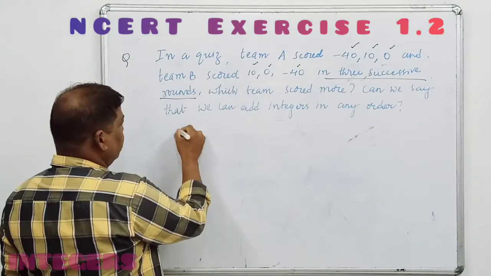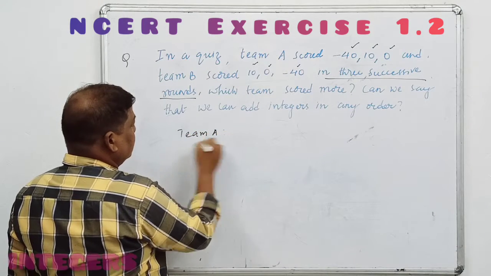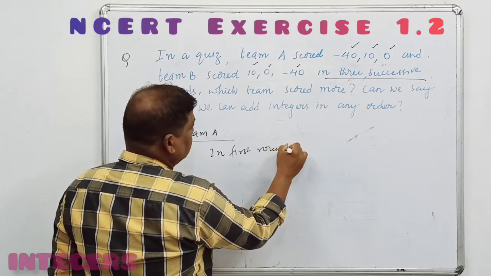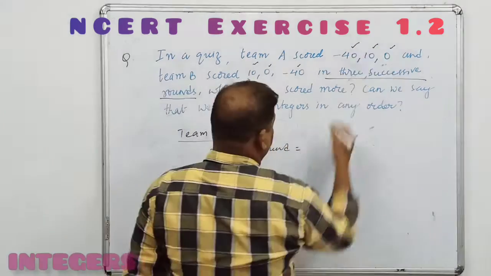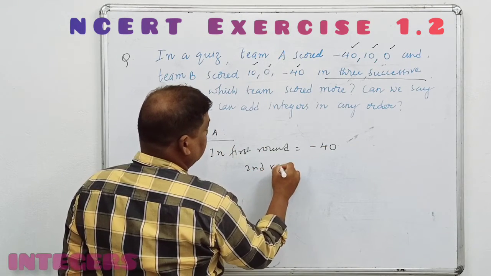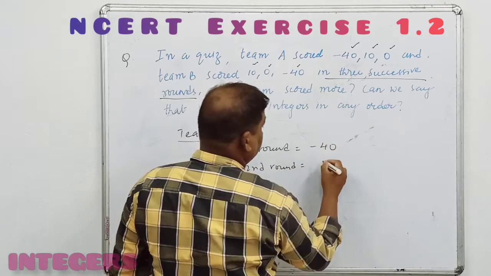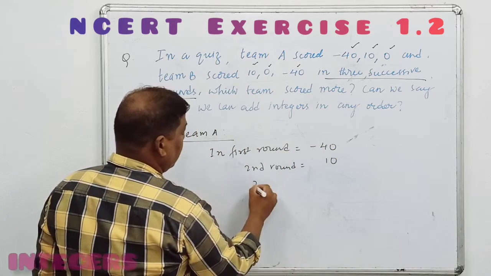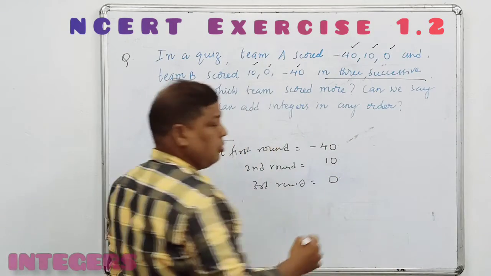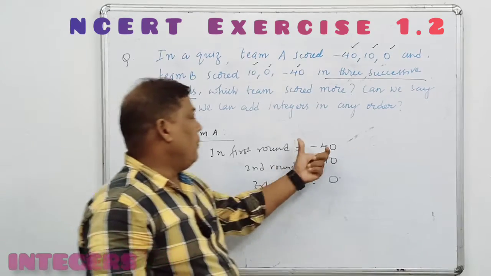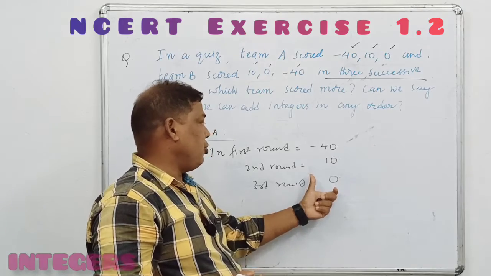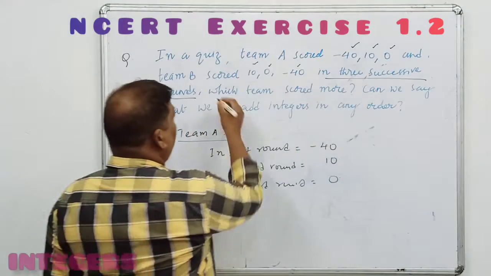Now here we will see in team A, in first round, is scored minus 40, then second round is scored 10 points, then third round, that is 0. So minus 40 in the first round, in second round 10 and third round 0. Now which team scored more?